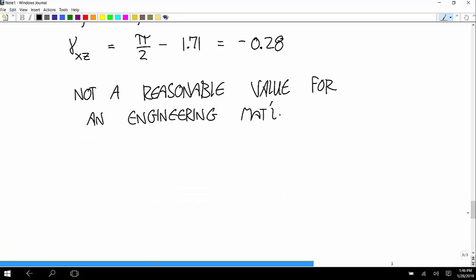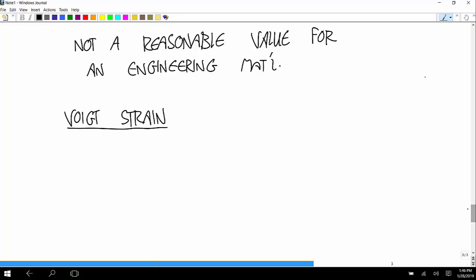Okay. So now that we've defined all these different strain values, we're going to represent the strain. I'm going to call it epsilon sub v, for Voigt.